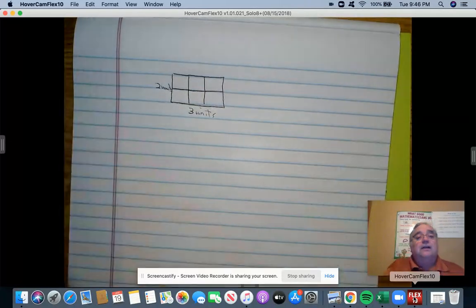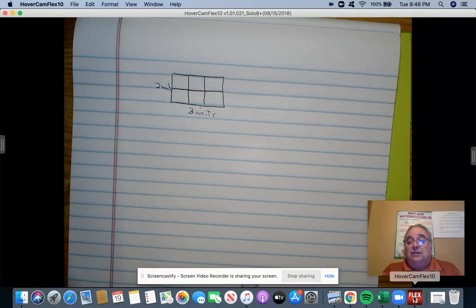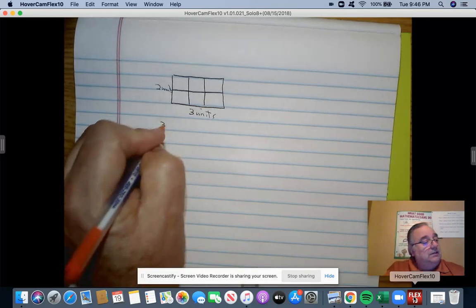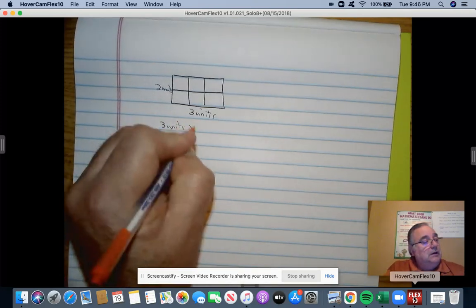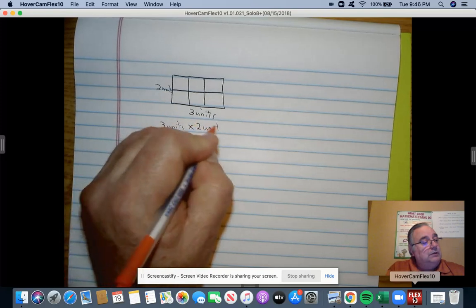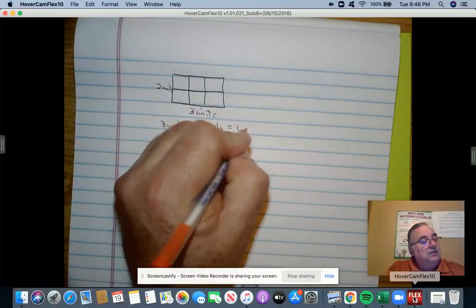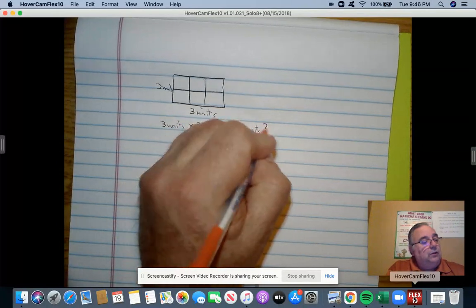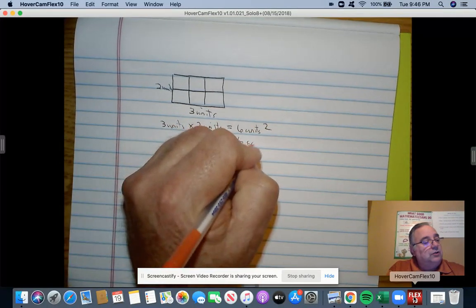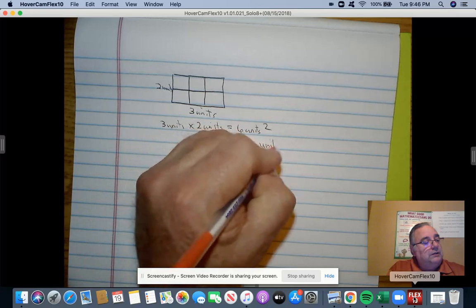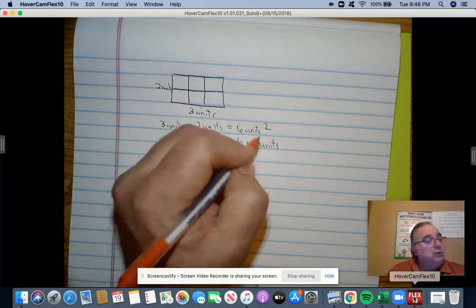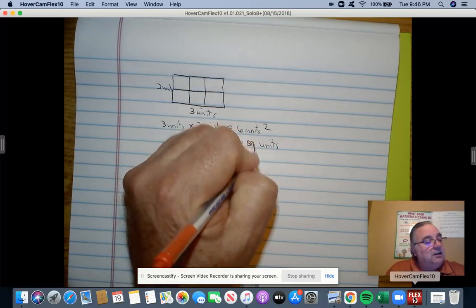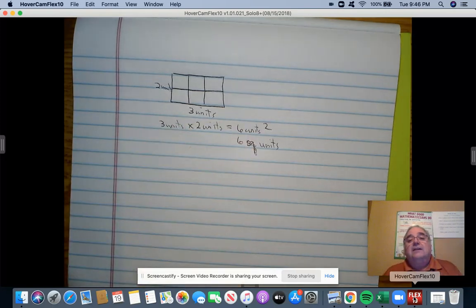There shows me the answer. I have 3 units times 2 units equals 6 units squared, or 6 square units. Now the abbreviation for square is SQ. So that's why I have squared units there.